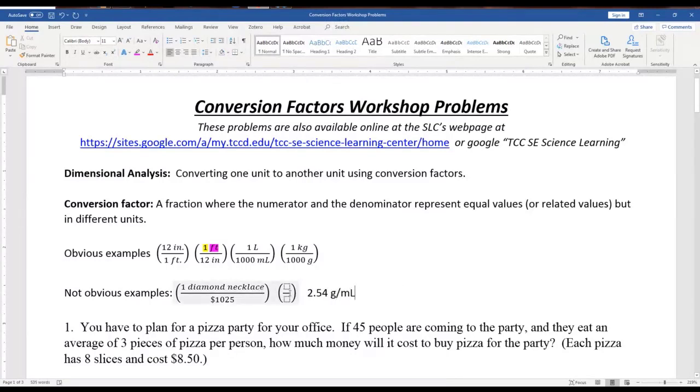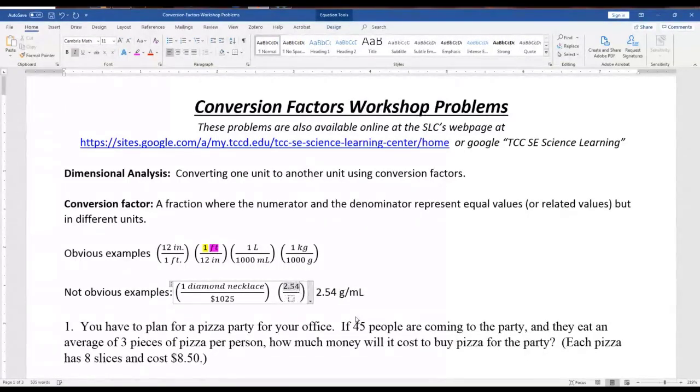That might be a density you're given. Well, when you're given density, you can use it as a conversion factor. So I could write this as 2.54 grams per 1 milliliter. That's a valid conversion factor as well.